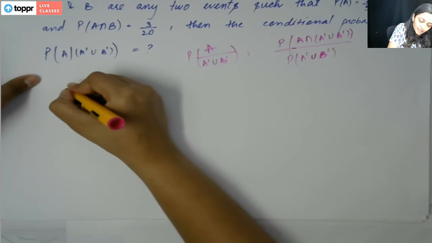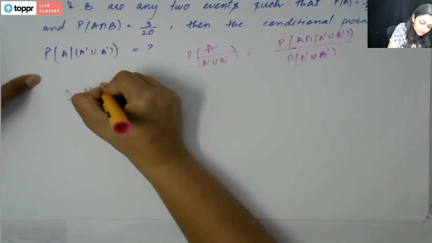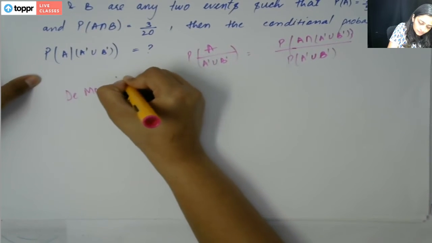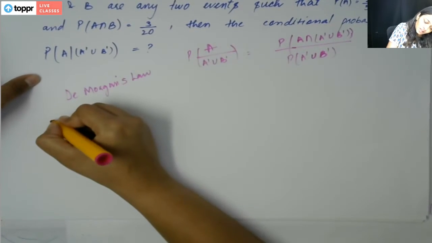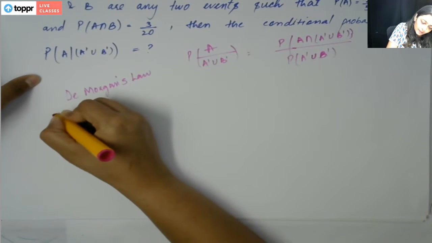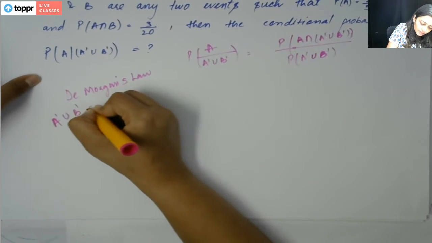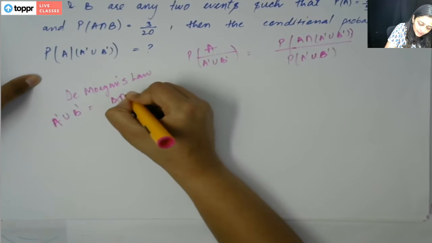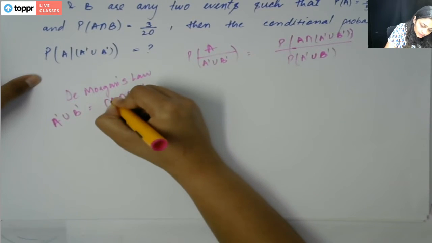Now if we use De Morgan's law, which states that A dash union B dash is equal to A intersection B whole dash.